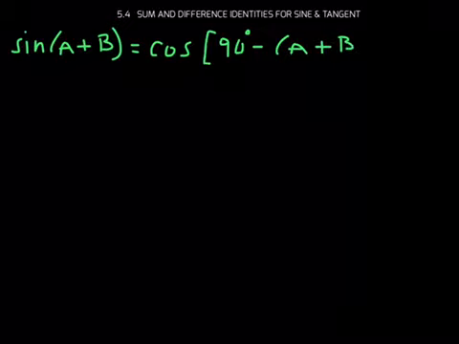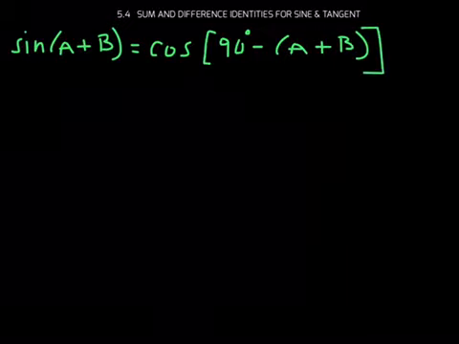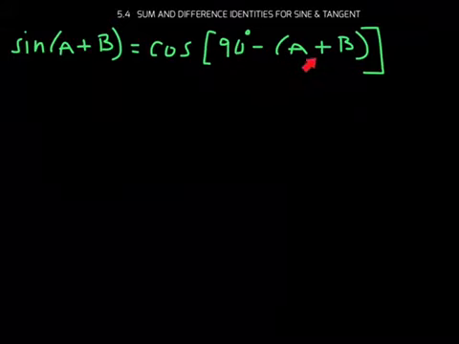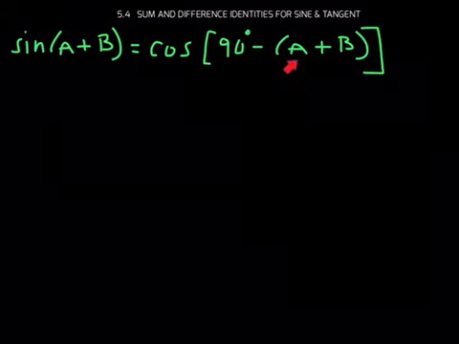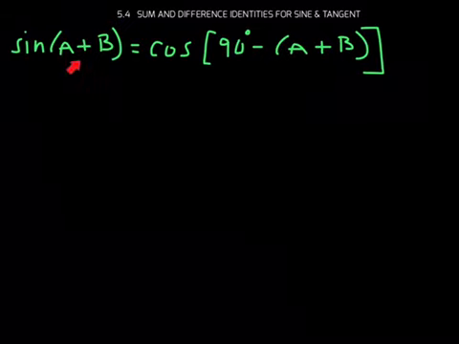This is a cofunction identity. Sine and cosine are cofunctions, and a plus b and 90 degrees minus a plus b are complements. All of this is the complement of a plus b.